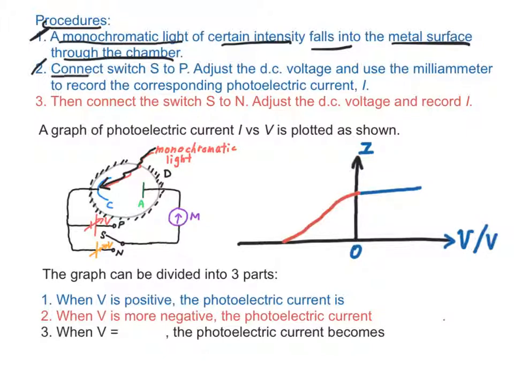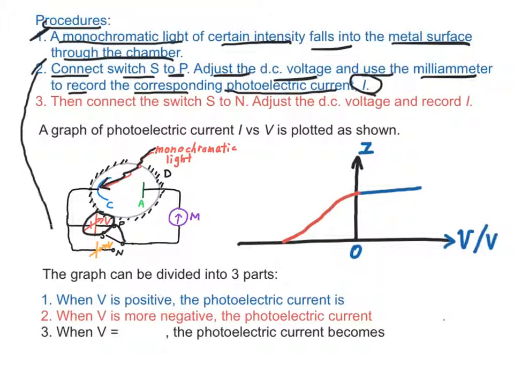Next, connect switch S to P, adjust the DC voltage and use the meter to record the corresponding photoelectric current I. In this step, the voltage V at the anode is positive. The result shows that when V is positive, the photoelectric current I is a constant value.